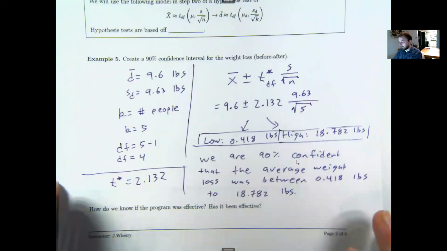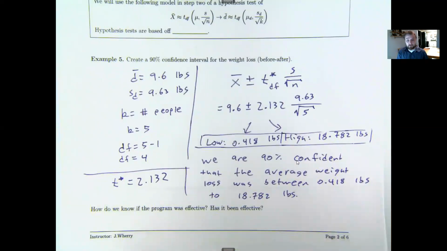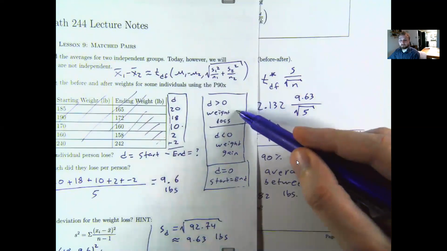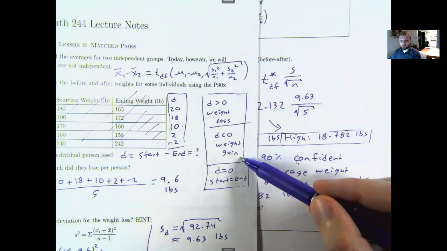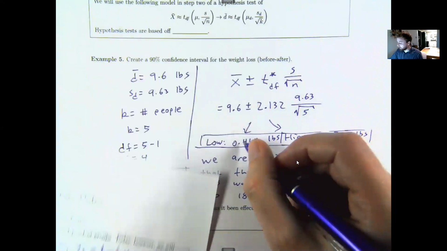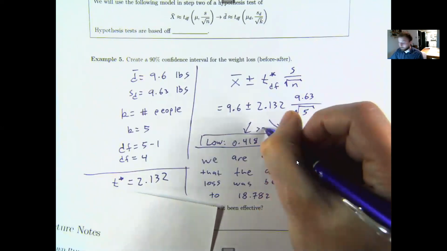So the follow-up question is, how do we know if the program was actually effective at weight loss? Has it been effective? Well, let's go back to the science. Reminder, if we have a positive number for the difference, that told me they were losing weight. If they had a negative number, that told me they were gaining. This was a positive number.